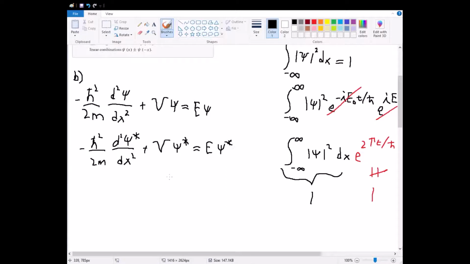So these two are effectively the same solution, with the only difference being that psi is being replaced with psi star. Therefore, psi and psi star are both valid solutions to our time-independent equation.